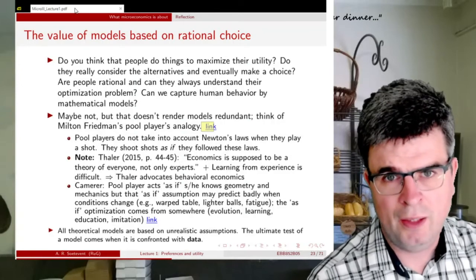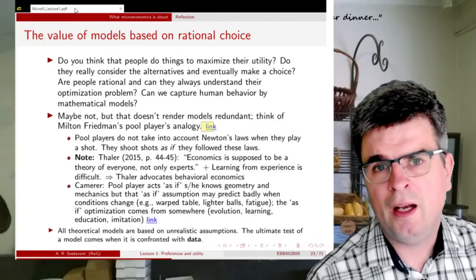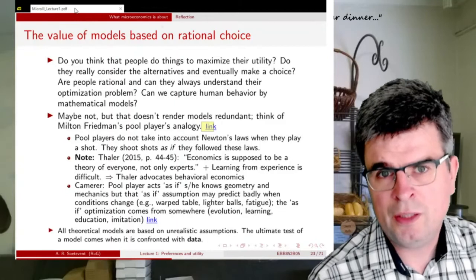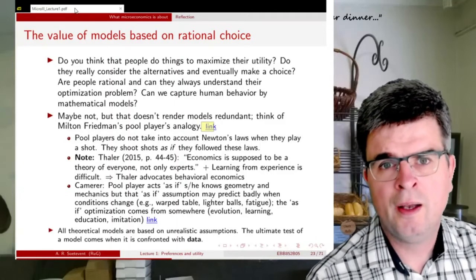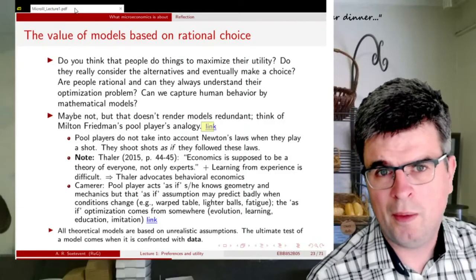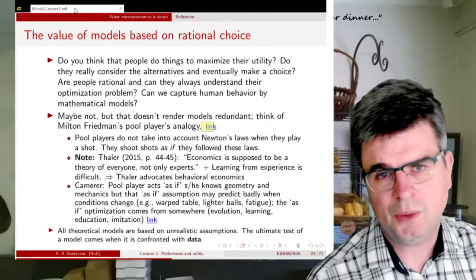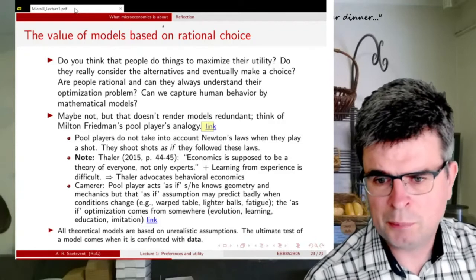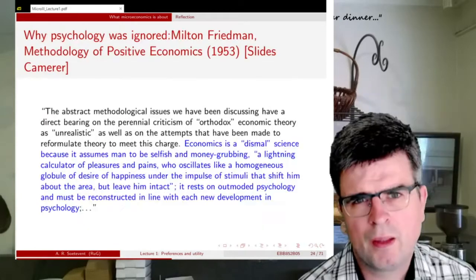A good theory needs to be falsifiable. If the theory predicts well, then it's a nice result and a very helpful theory. If the predictions are bad, then probably there's something wrong with the assumptions. So that's the way to proceed and to make progress. So we need to test our models with data.